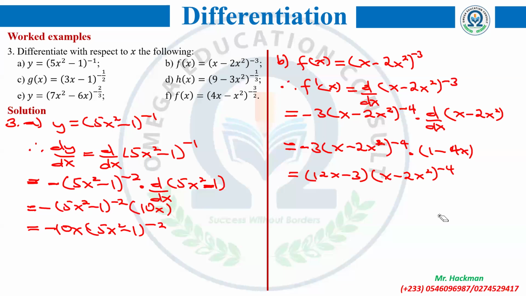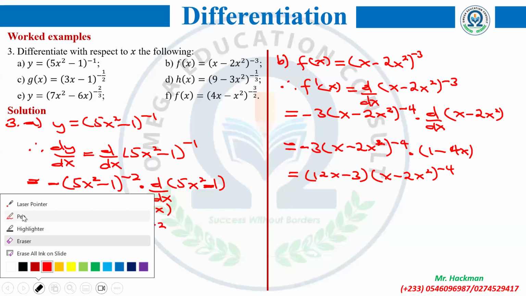Okay, so now, between C and D, which one should we do? C. Okay, I'm going for C, then you use the explanation to do D. So now let's see what C has for us.